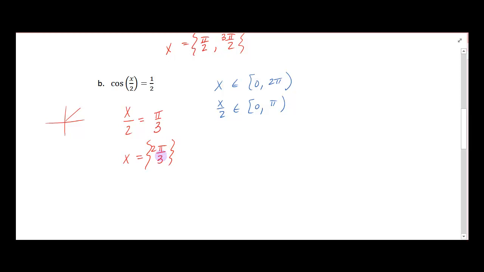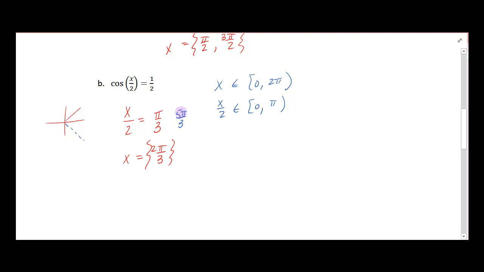If for some reason you forgot about this interval right here, let's just say I forgot about that interval and inadvertently wrote down this angle that's occurring in the fourth quadrant, which would be 5 pi over 3. Even though we know already that's not going to happen, what if I forgot?